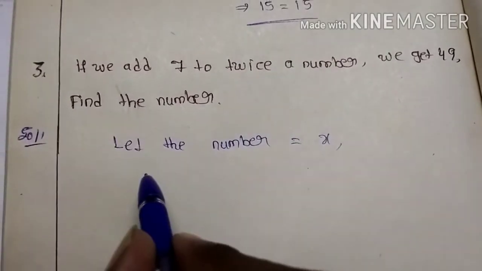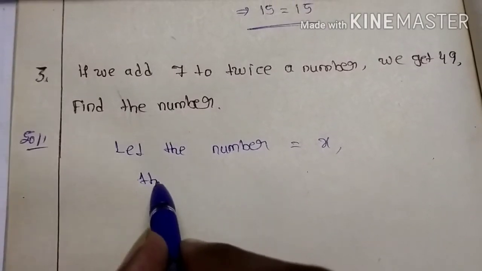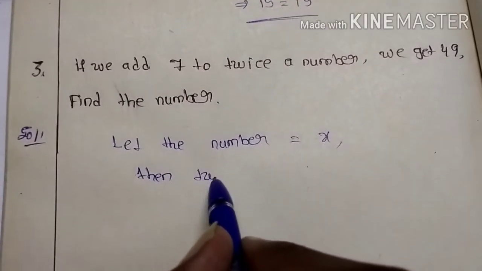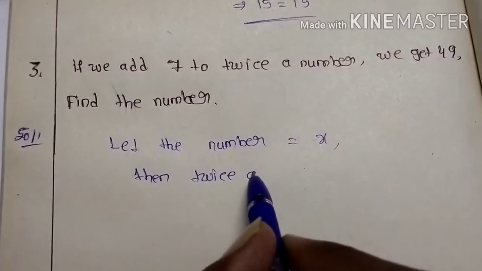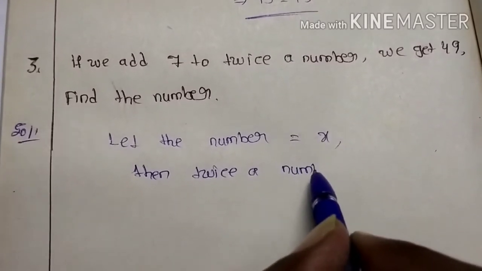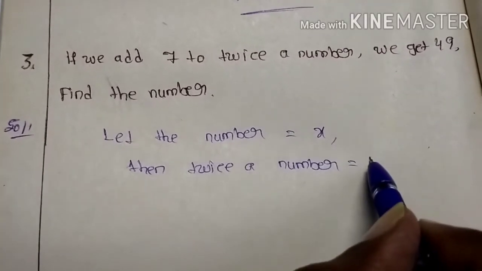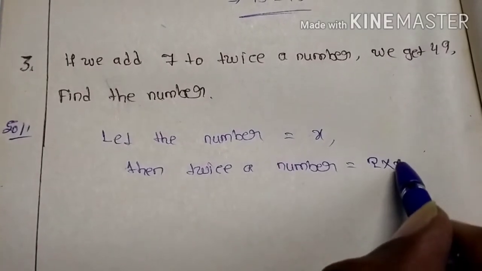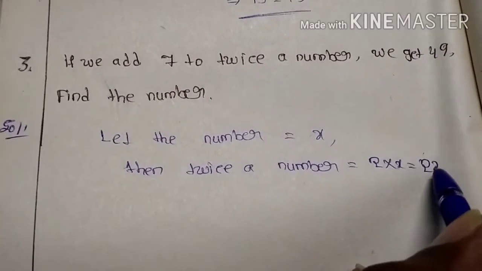Twice a number means it will become 2 times x. 2 into x means it is 2x, or not? Yes, 2x.